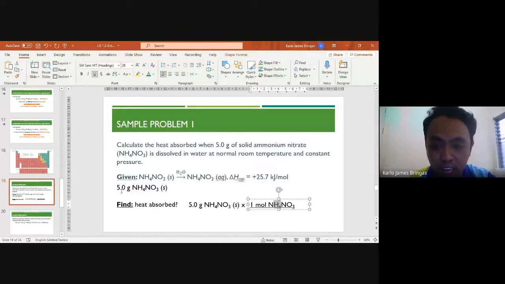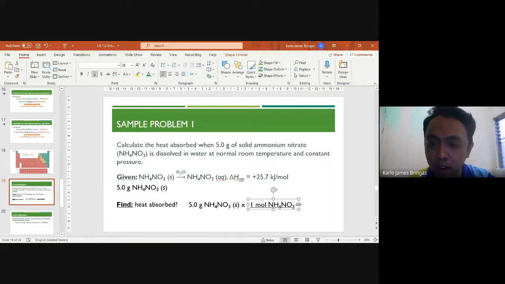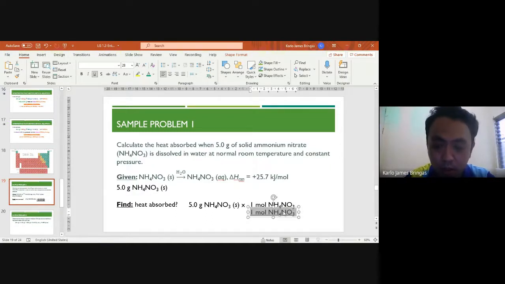There's 4 of the hydrogens, plus the oxygen, that's 15.999 times 3 of the oxygens. So that gives me a total molar mass of 80.043. So let me type it in here sa baba. 80.043 grams of the ammonium nitrate.